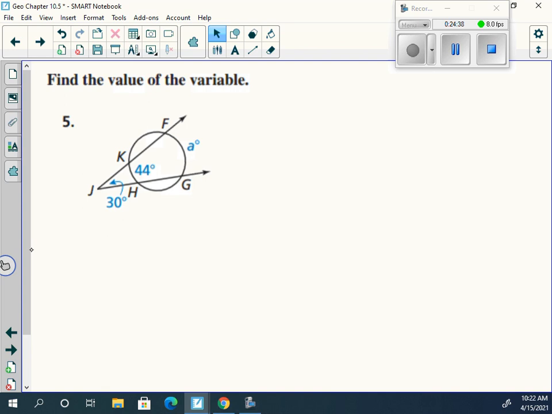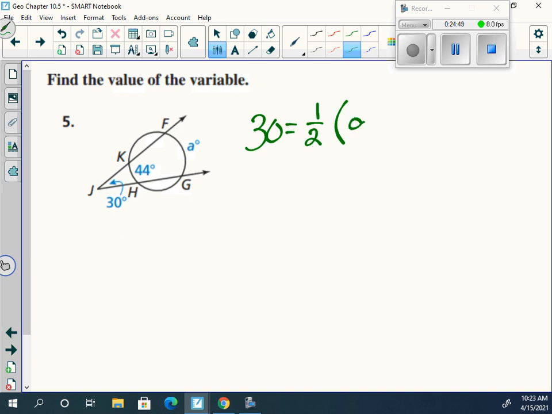So if I look at this here, it pretty much gave us everything. The exterior angle is equal to what? 1/2 of A minus 44. Since it is outside of the circle, we always do bigger minus smaller. Now, since everything inside the parentheses is not divisible by 2, it's going to be a little bit easier to multiply everything by 2 first.